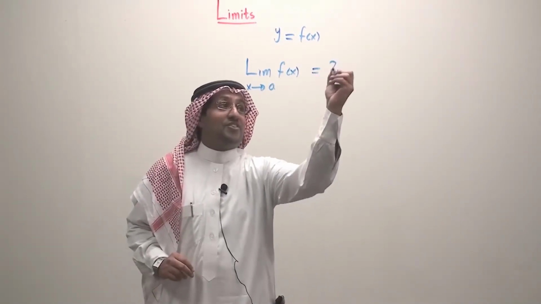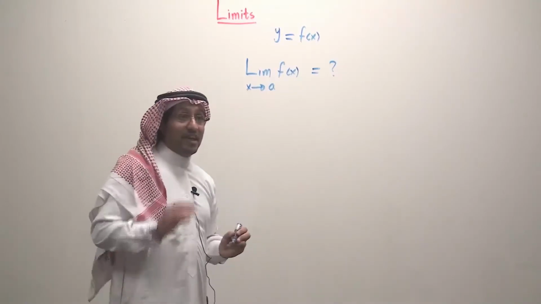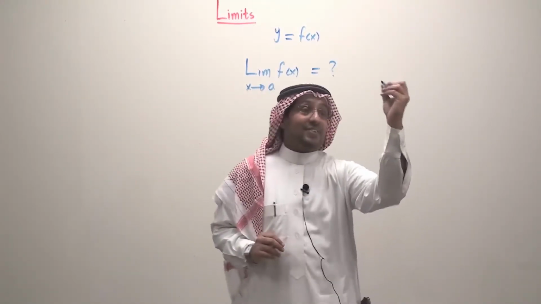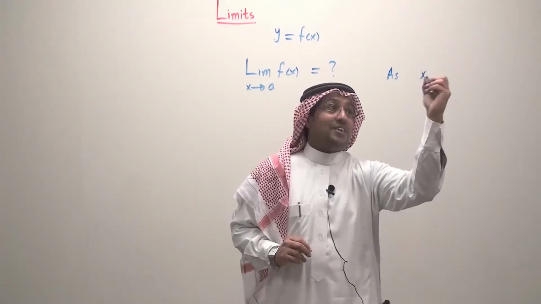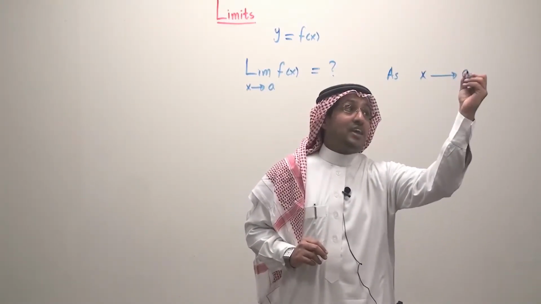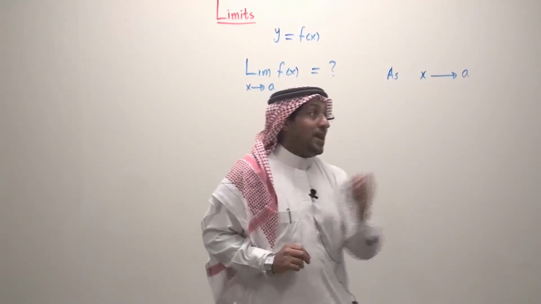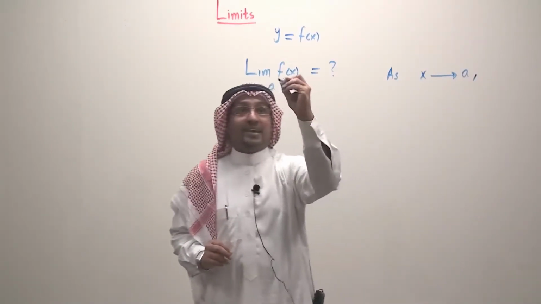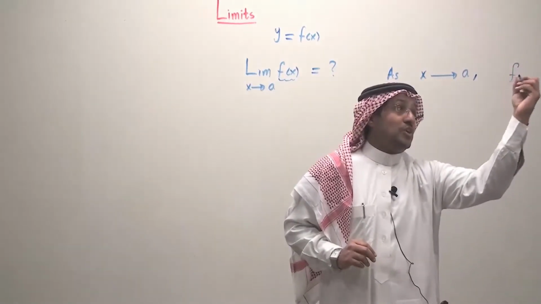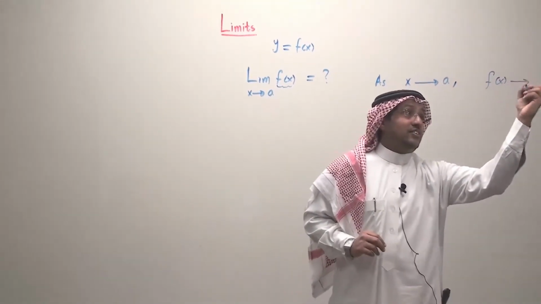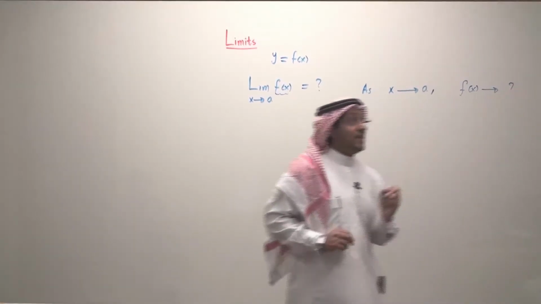Basically, it means as x gets closer and closer to a, what are the values of f of x getting closer to? So f of x gets closer to what?